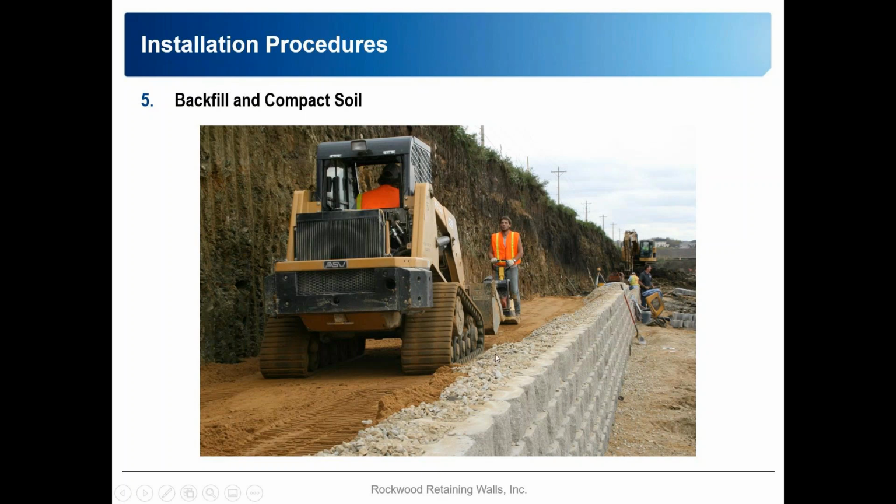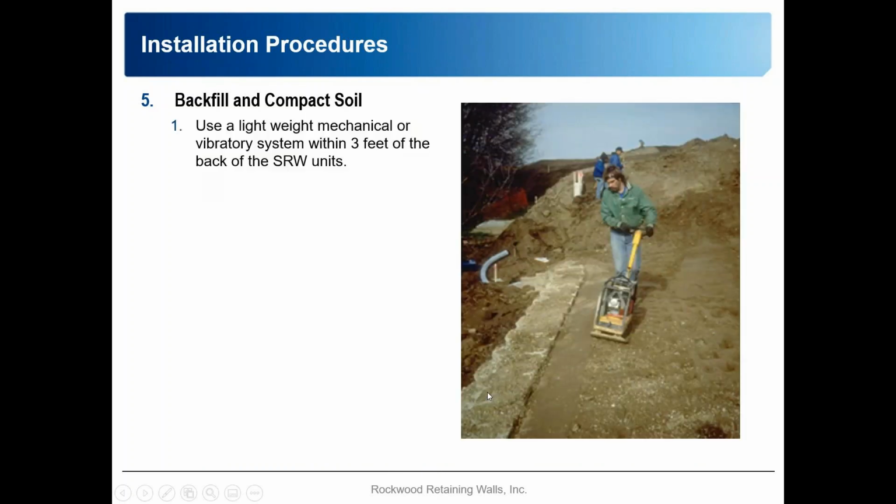He's relatively close to the back of the wall, but it's important that this material is kept level and in small lifts, and you should be able to drive a piece of equipment this size. This is a track machine, so it's putting a little bit less force on the wall. But the key to not pushing this out and getting good compaction is smaller lift sizes and keeping that material level, so not all the weight of the machine is going toward the wall.